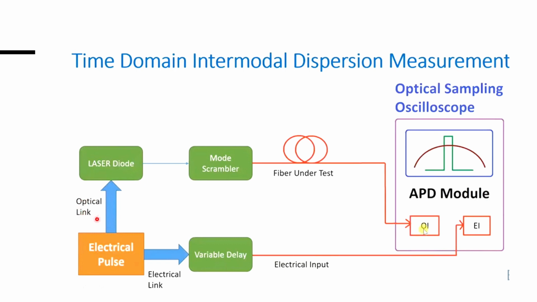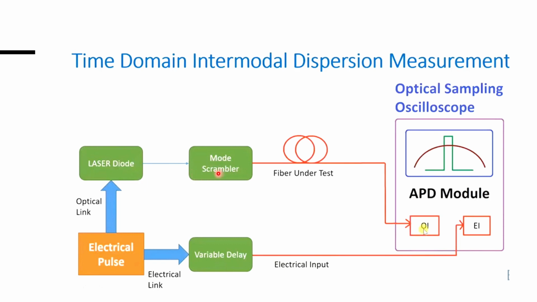This link is used to carry the electrical pulses. So optical link will carry the electrical pulse from electrical pulse block to the laser diode. Now the function of the laser diode is to convert the electrical pulses into the light signal, and the output of the laser diode, that is the light signal, is given to the mode scrambler.